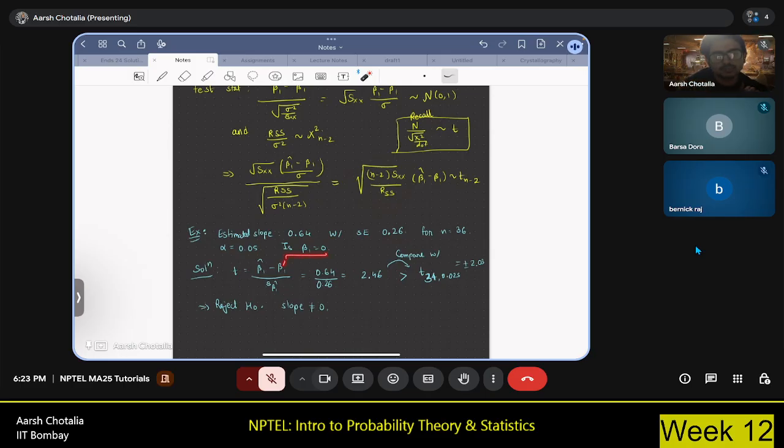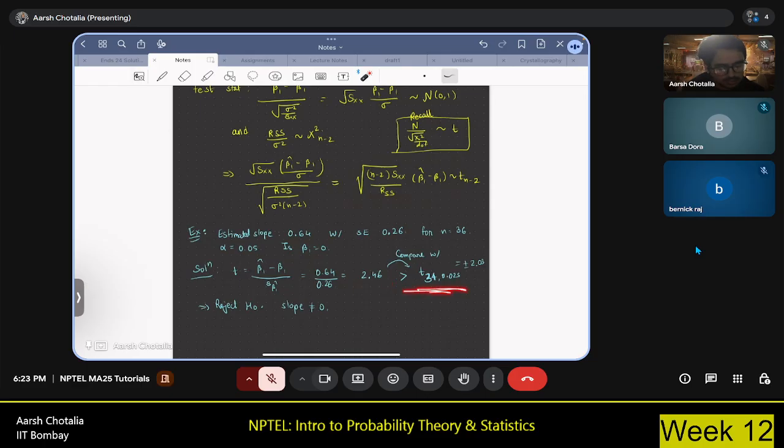The question is whether beta 1 equals 0 or not. So we calculate this quantity, which is nothing but the difference in the estimated and the hypothetical value. So it is 0.65 minus 0, so 0.65 divided by the standard error, which is 0.26. This t statistic value comes out to be 2.46.